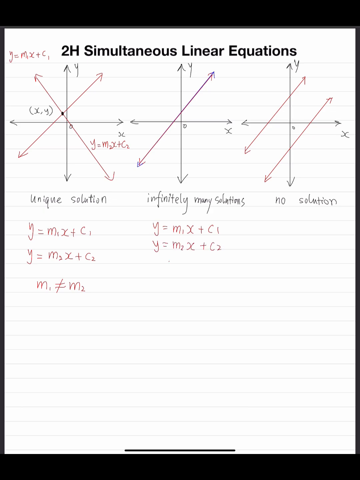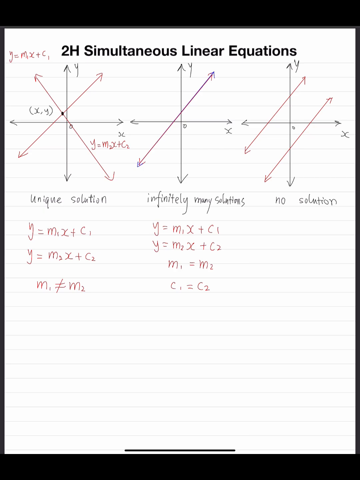So in this case, m1 should equal m2. At the same time, c1 should also equal c2, so that the two equations are exactly the same. There are infinitely many solutions, as each point on the straight line satisfies both rules, which is technically the same rule.